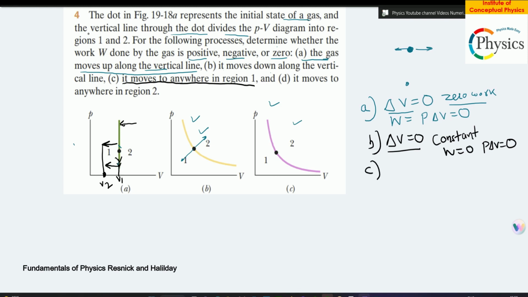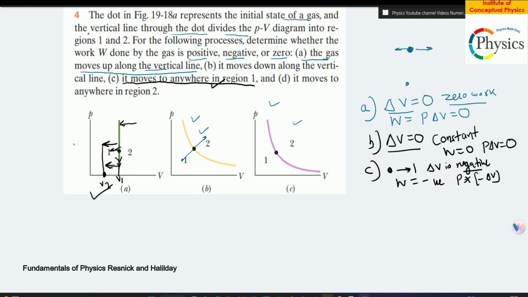So for situation C, the gas moves from the dot towards region 1. This is what we are referring to. So the dot towards region 1, delta V is negative, right? So delta V is negative. I have told you, if you are moving leftward, you're compressing the gas. It is leftward movement, it is compression. The work done will be negative, right? Because it is P into minus delta V.